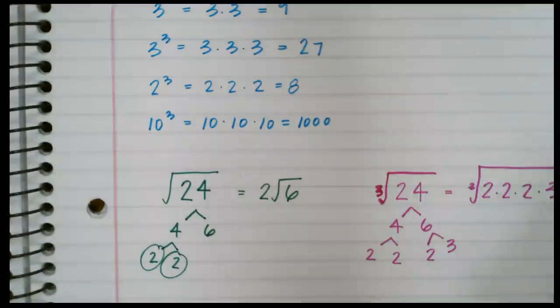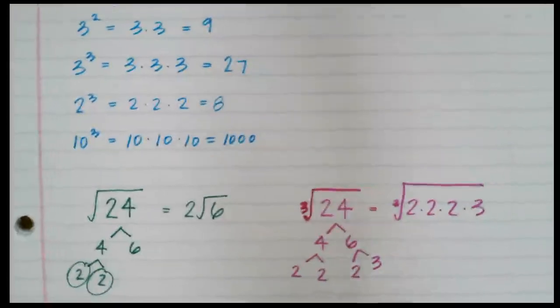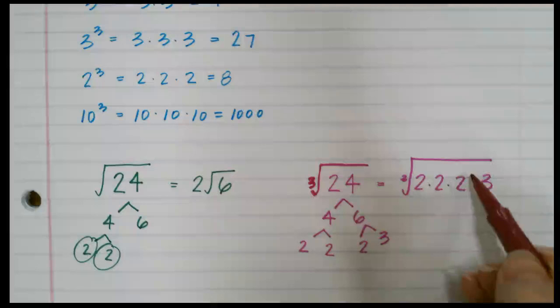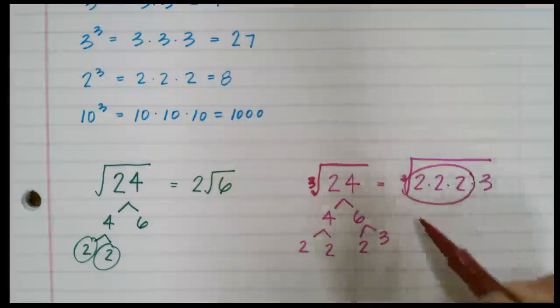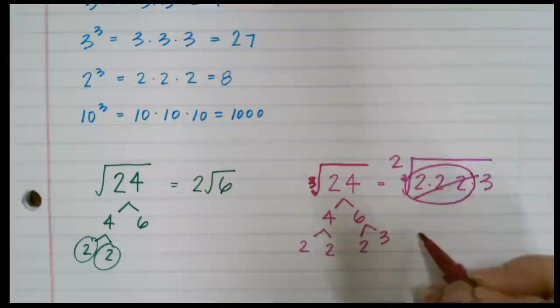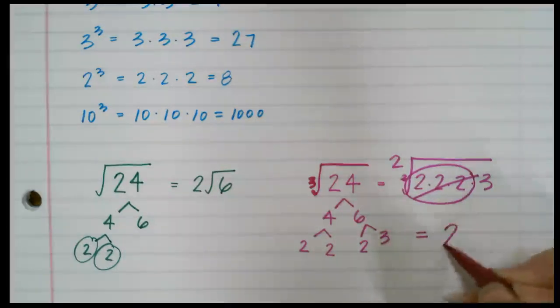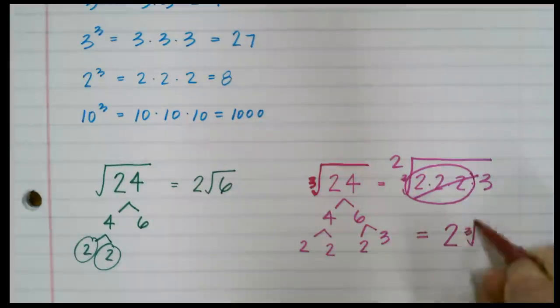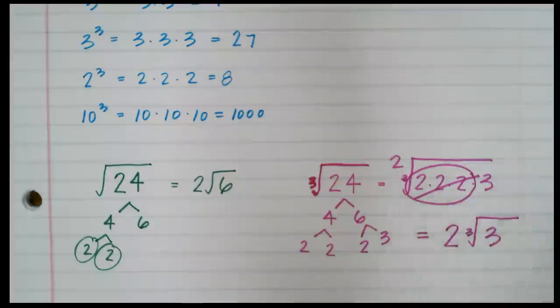In order to come out of the cube root, we need to have 3 of them. Here is a group of 3, so I can take out a 2. So in the end, my answer is 2, and then cube root of 3. Now you can see that this 3 on the radical is actually pretty small.